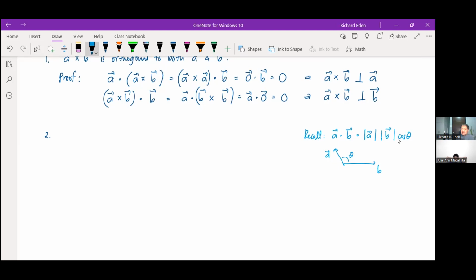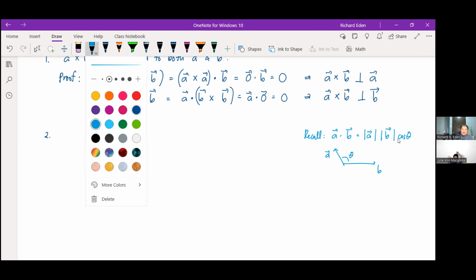Them being orthogonal means that theta is 90 degrees, but its cosine would be 0. So the cosine part would be 0 if and only if theta is 90 degrees, which is equivalent to the dot product becoming 0. Now we actually have a similar property for cross products, and it looks like this.